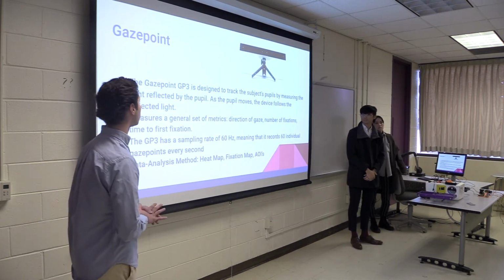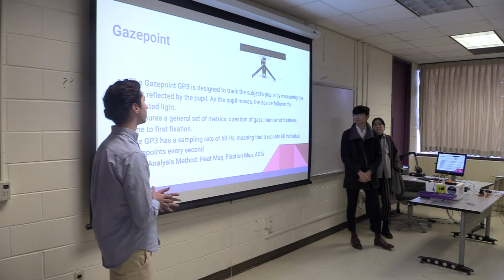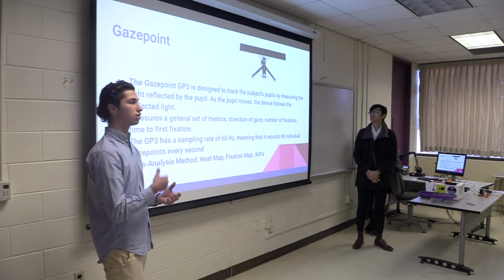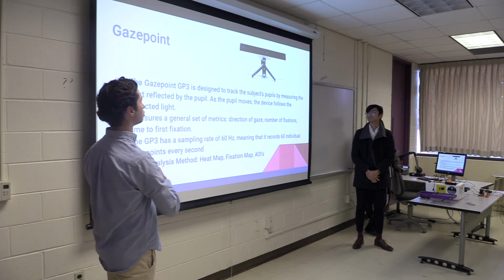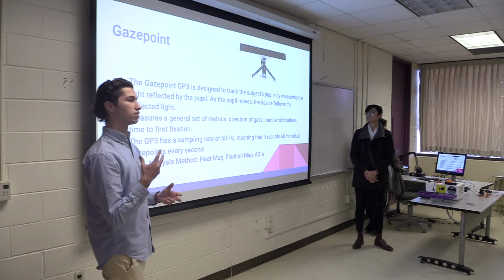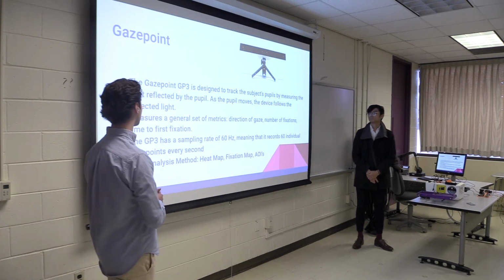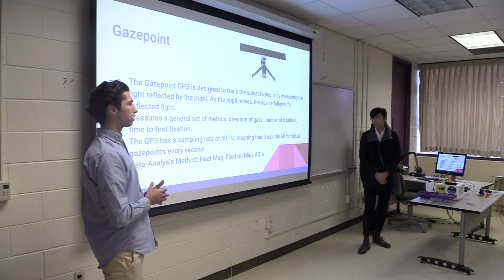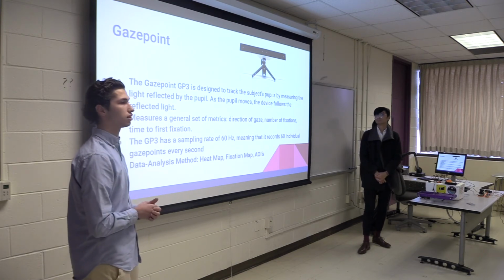So the device that we use is the Gazepoint GP3, and it's designed to track a subject's pupils by measuring the light that's reflected that the machine emits. And as the pupil moves, the device follows this reflected light. It measures a set of general metrics, such as direction of gaze, number of fixations, and time to first fixation.